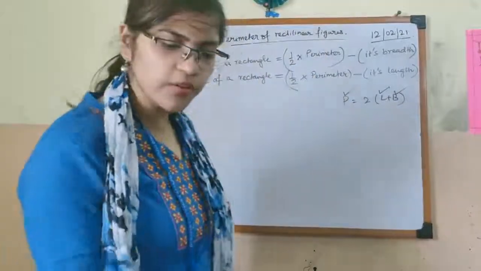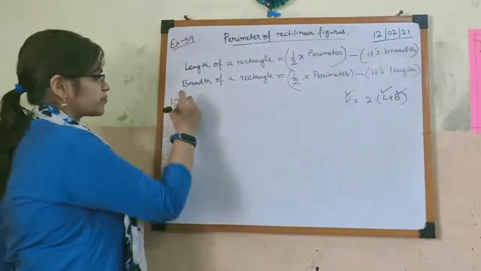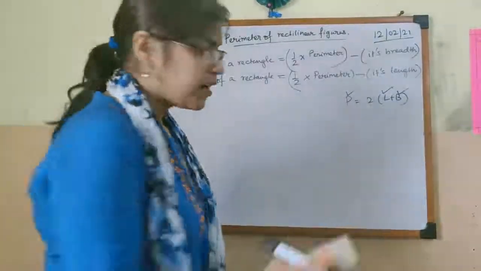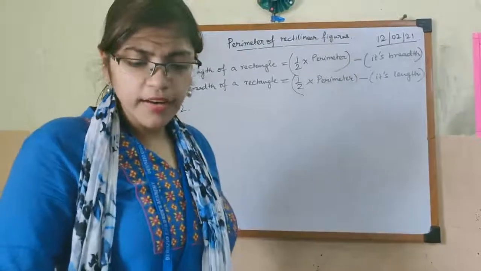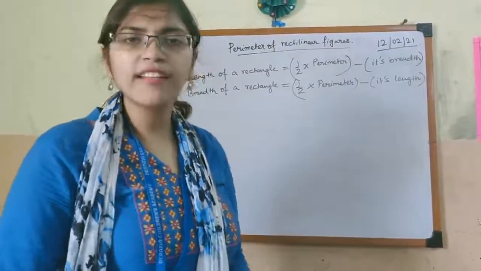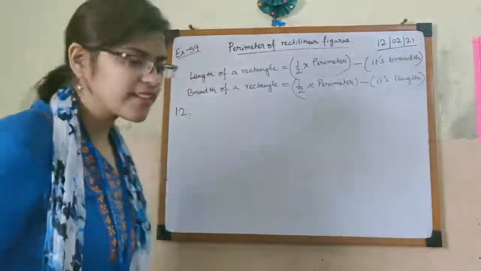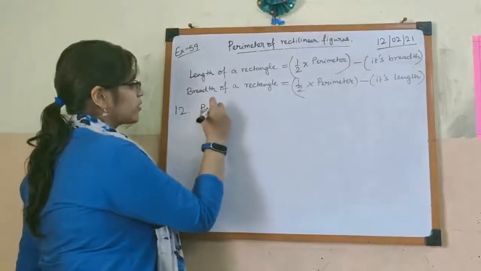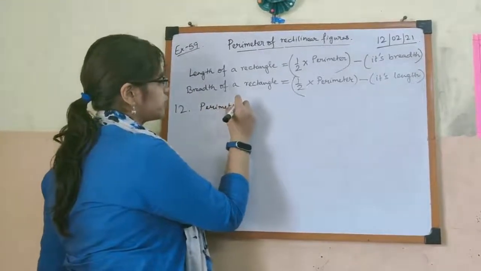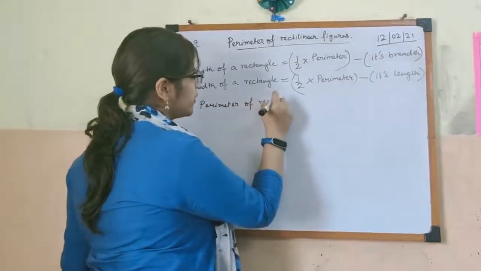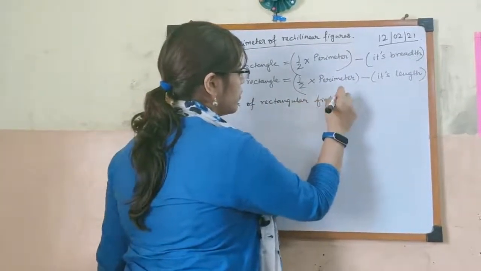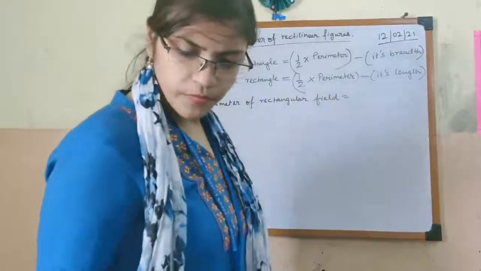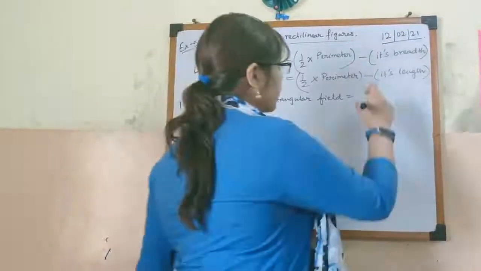So now let's move on to sum number 12. In the question it is said the perimeter of a rectangular field is 164 meter. So that is the perimeter. Perimeter of the rectangular field is equal to 164 meter.